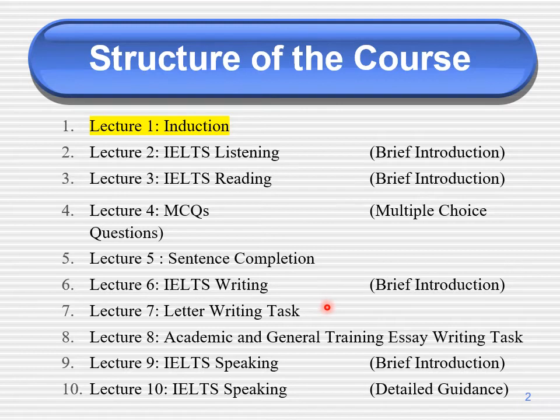So task 1 is letter writing and report writing in these modules, which you will find out later on in our course. And task 2 is essay writing. I have created separate presentations or videos on that letter writing task and essay writing task, and I'm sure that you will definitely find them very, very useful.